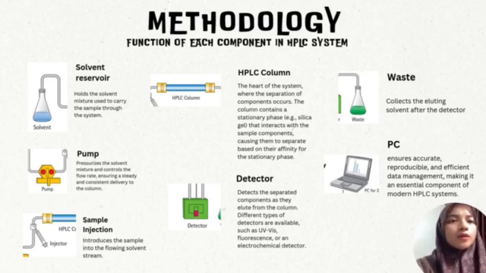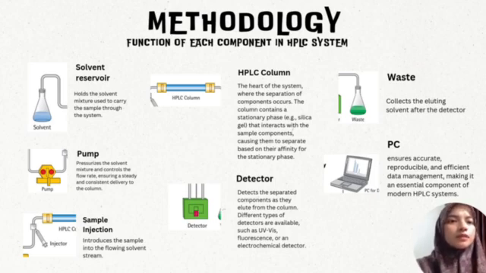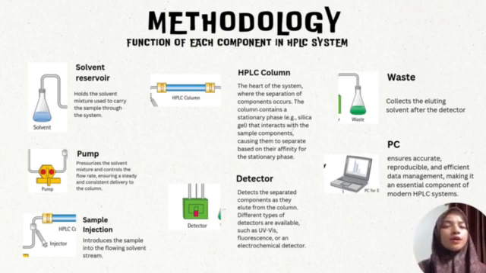And the HPLC column, the heart of the system, is where the separation of components occurs. The column contains a stationary phase, for example silica gel, that interacts with the sample components, causing them to separate based on their affinity for the stationary phase. And the detector detects the separated components as they elute from the column.